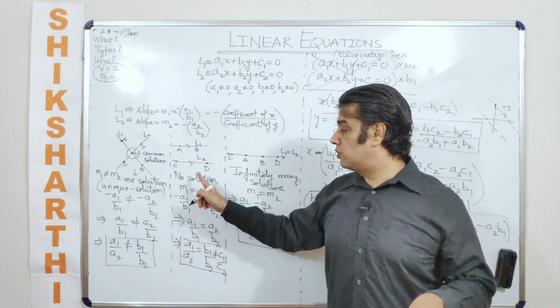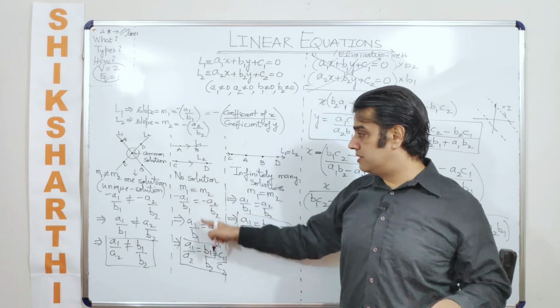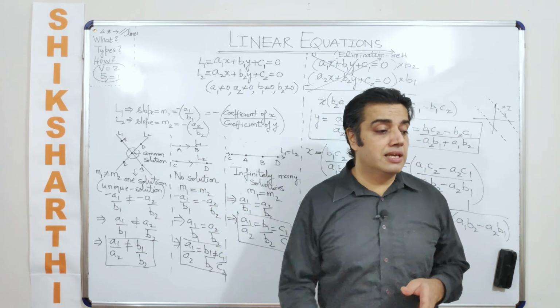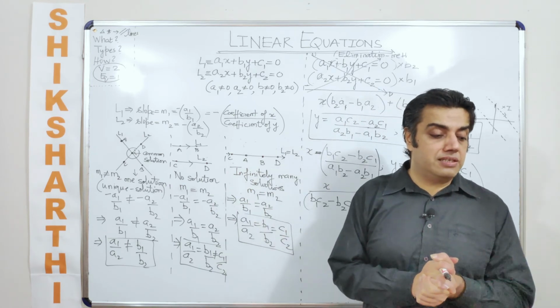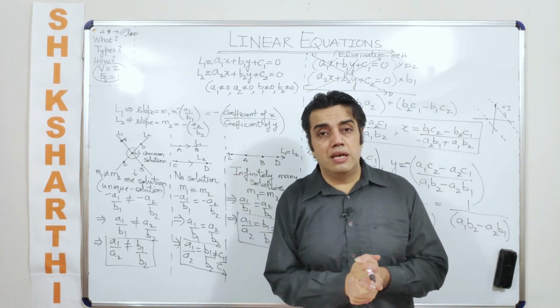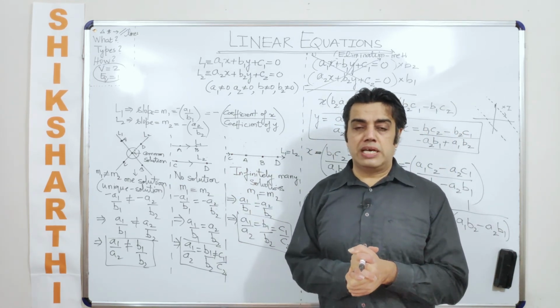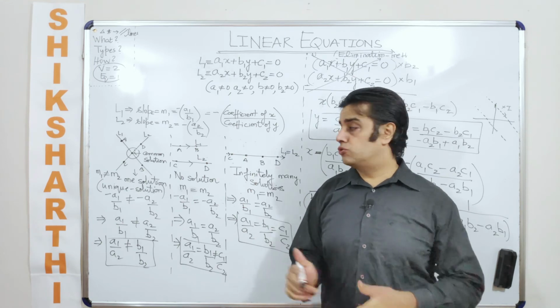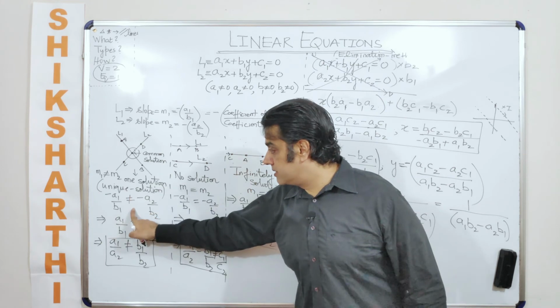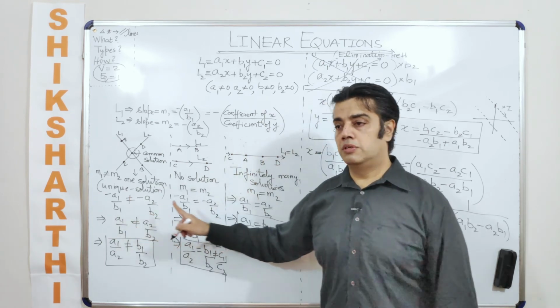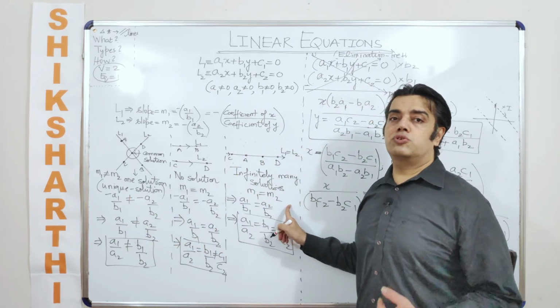And here if I talk about the case when there were two parallel lines but the parallel lines were not intersecting with each other, in this case the pair of equations would be inconsistent and you will not be getting any solution. So inconsistent and no solution, consistent and only one solution, consistent and so many solutions.